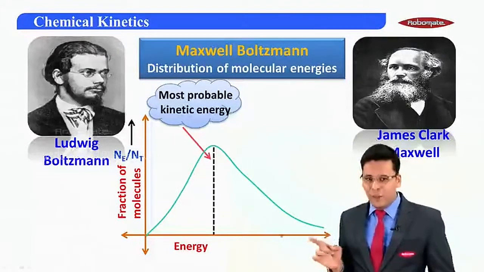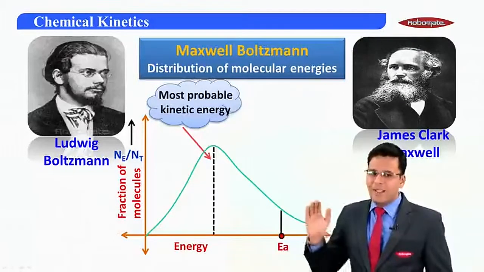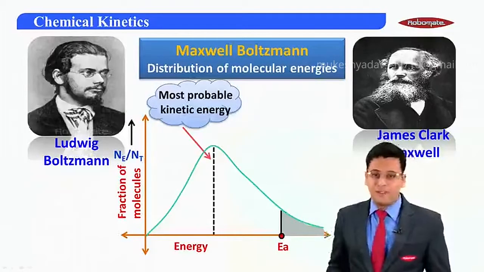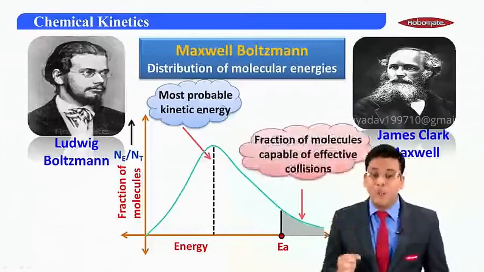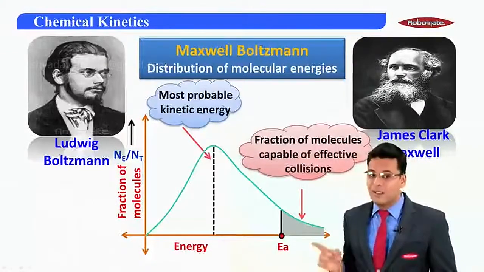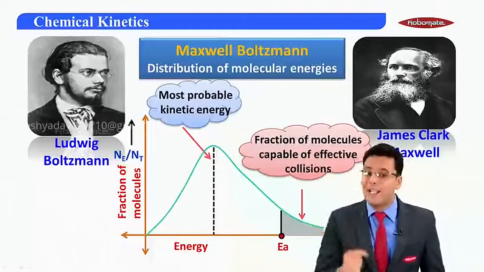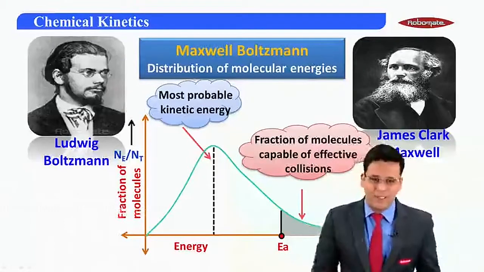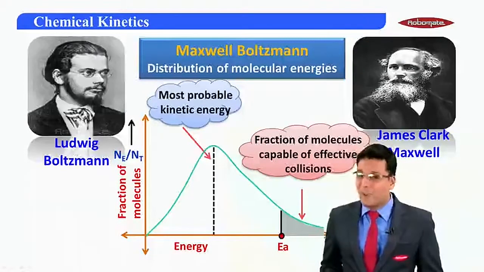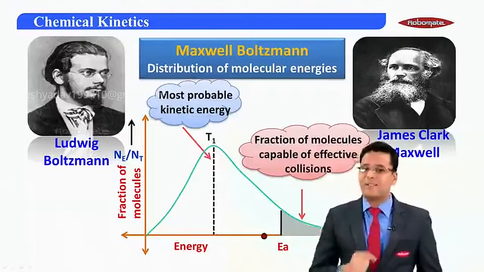Now, this point right here on the x-axis is the activation energy, and the entire fraction of molecules ahead of it is nothing but the fraction of molecules capable of effective collisions. These molecules, this particular fraction, the gray part, when they collide, you get products. Now when we add a catalyst, this activation energy decreases.